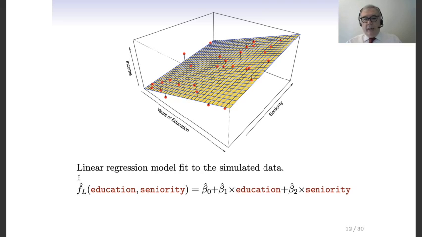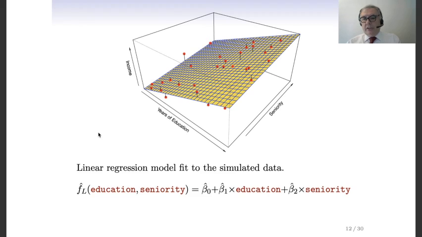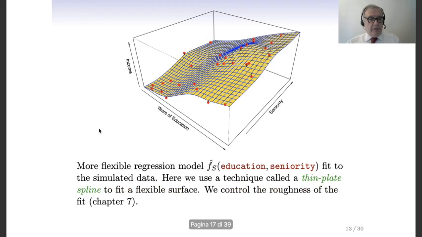So f hat L stands for linear, and now will be b hat 0 plus b hat 1 times education plus b hat 2 times seniority, and as you can see, that's not bad. So it's not the true regression surface, but it could be a reasonable approximation.